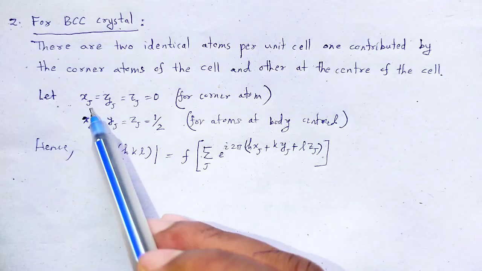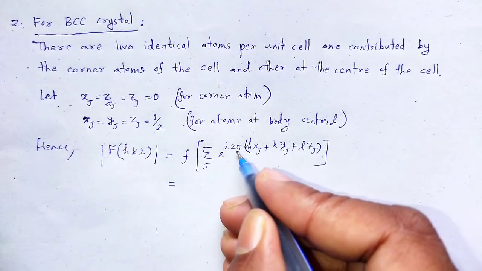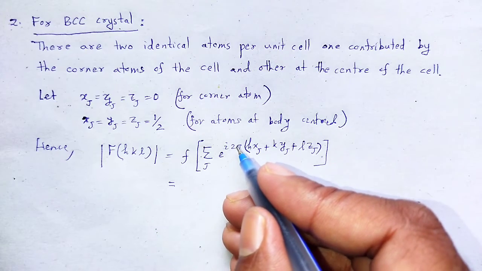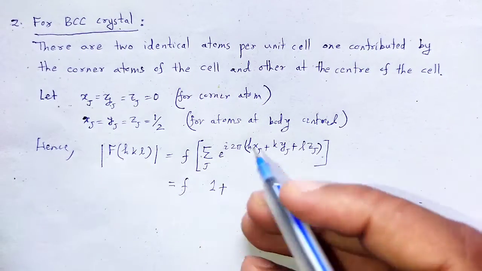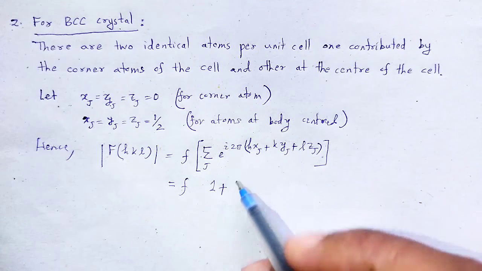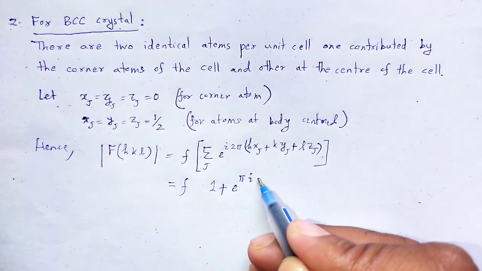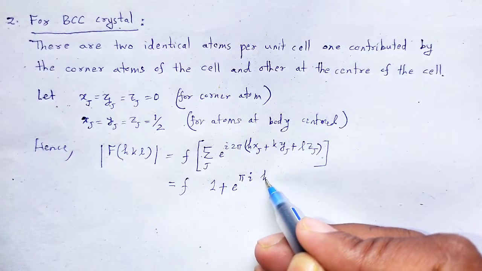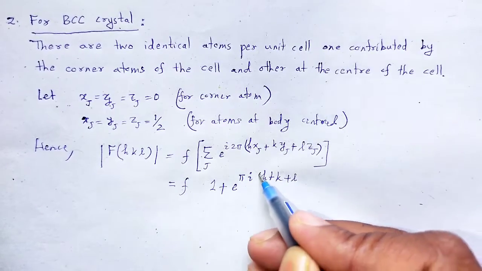First, taking xj, yj, zj as 0, then half. First putting 0, e to the power 0 will be 1. So f as 1 plus, next putting half, 2 into half cancel out. So we have e to the power pi i, h plus k plus l.